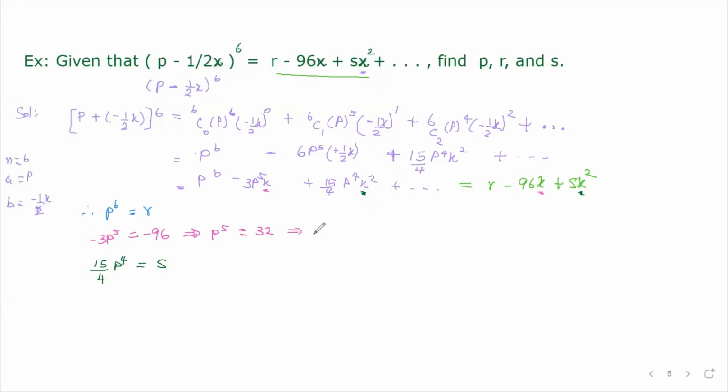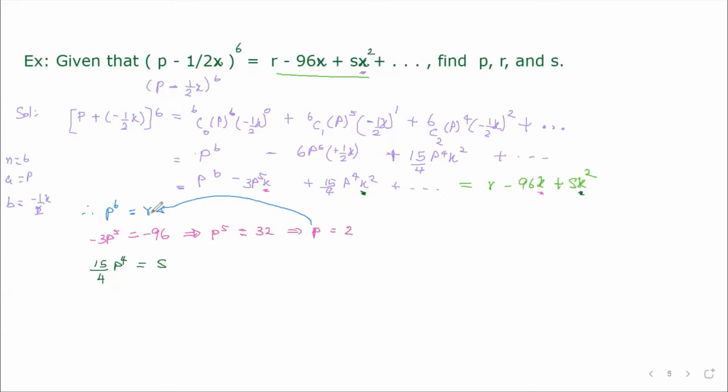That means p is, since it is an odd power and positive, only one value, the fifth root of 32, which becomes 2. So p equals 2. When you know p, replace p in here and you get r.